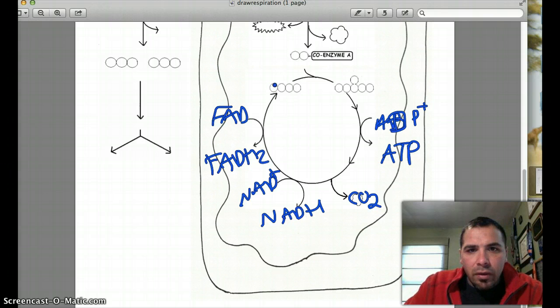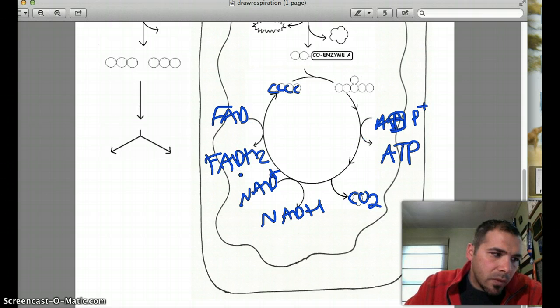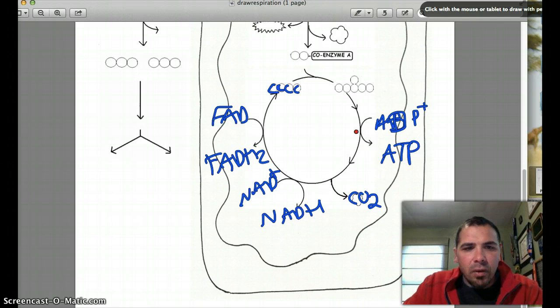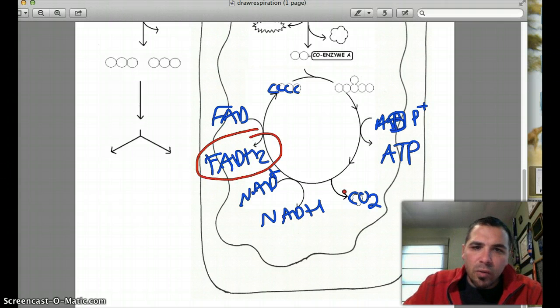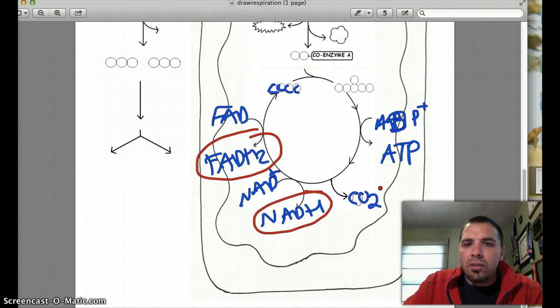And then we're left with 4 carbons, and it just starts again. So this is a cycle. It has to go around several times, actually. I don't want you to memorize all these steps, but FADH2 is produced, NADH, some CO2, and some ATP.